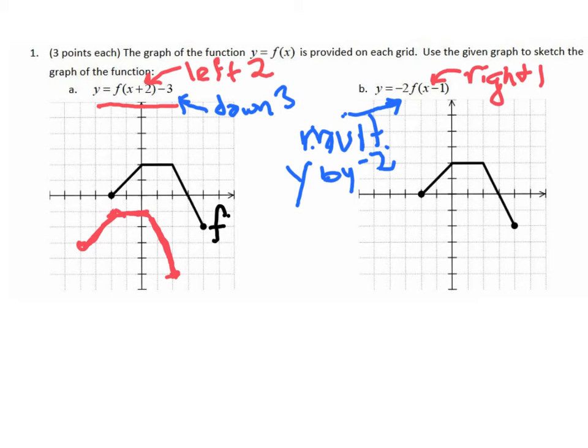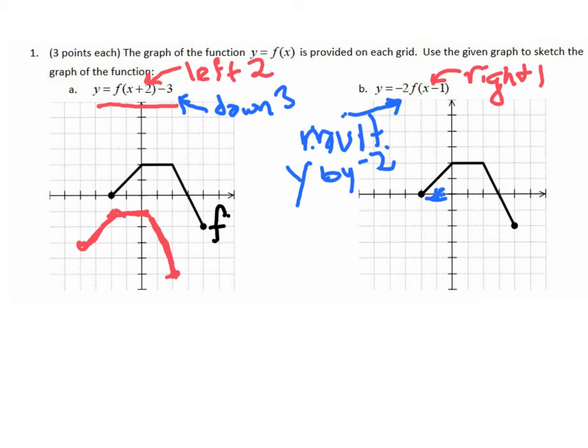That'll account for both a reflection across the x-axis and a vertical stretch. Okay, so I'm going to do that to these points, starting here. So I can shift right 1. That would land it here. The y-coordinate here is 0, so when I multiply by -2, it's still 0. So that point's going to land here.